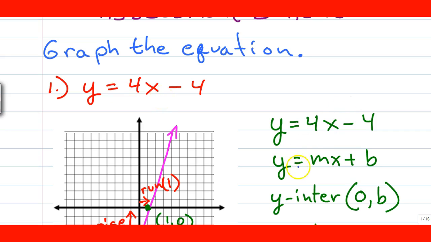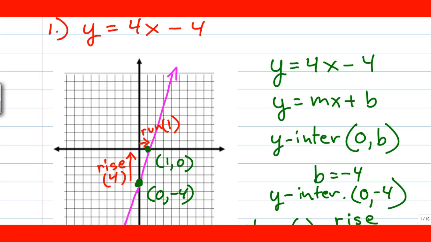When I look at this equation, it is in the slope-intercept form, y equals mx plus b. Because it's already in this form, I could use the y-intercept and the rise over run method with the slope to graph my line. When in the form y equals mx plus b, the b position gives me part of the y-intercept.